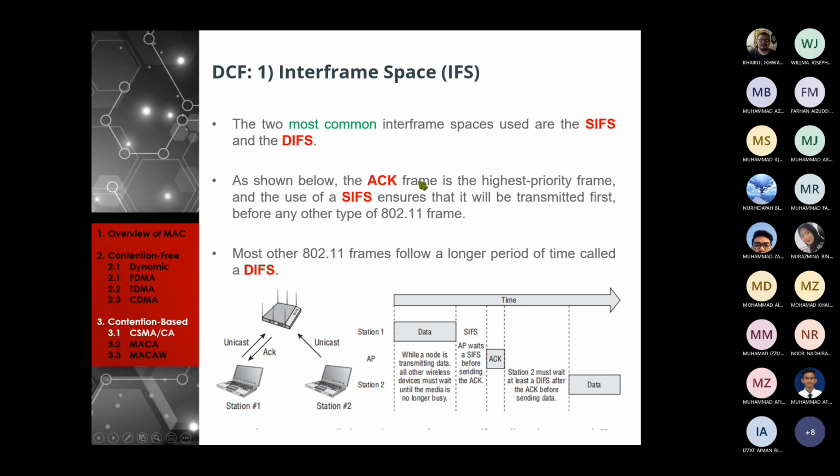As shown below, the EDCA frame is the highest priority frame, and the use of the SIFS ensures that it will be transmitted first before any other types of 802.11 frame. So most other 802.11 frame follow a longer period of time called DIFS. Okay.